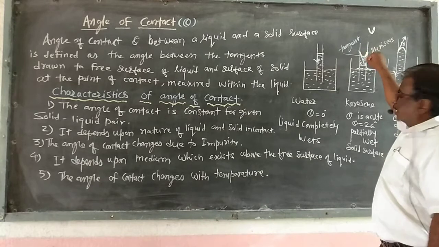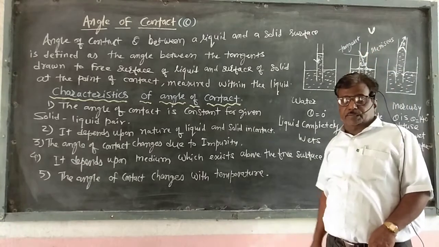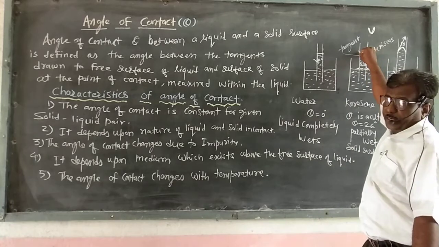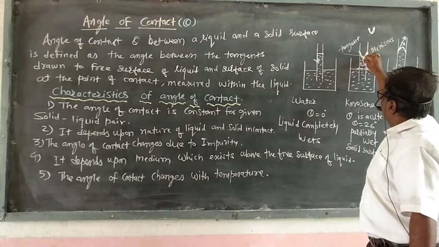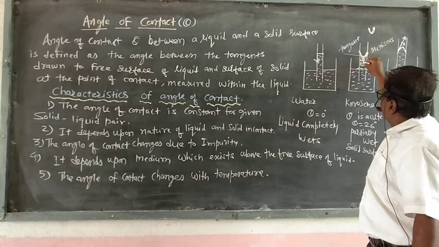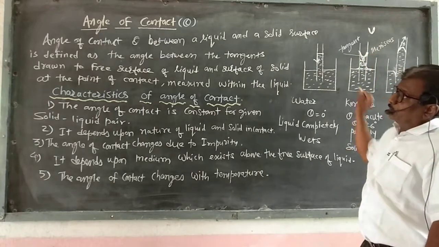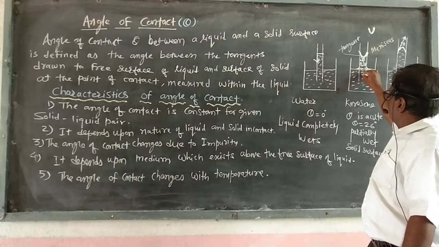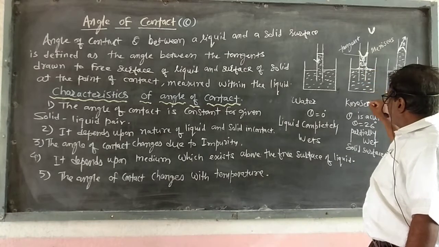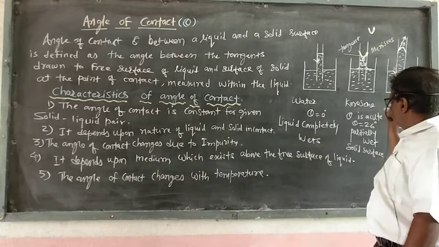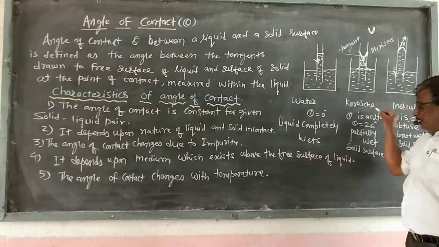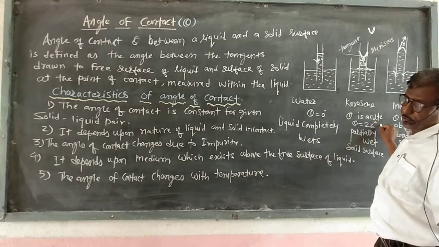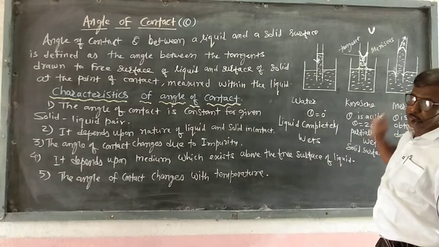If we draw a tangent to that meniscus position where solid and liquid are in contact, then the angle measured inside the liquid, theta, is known as the angle of contact. The angle of contact for kerosene and glass is acute. Acute means less than 90 degrees, and it is equal to 26 degrees for kerosene and glass.